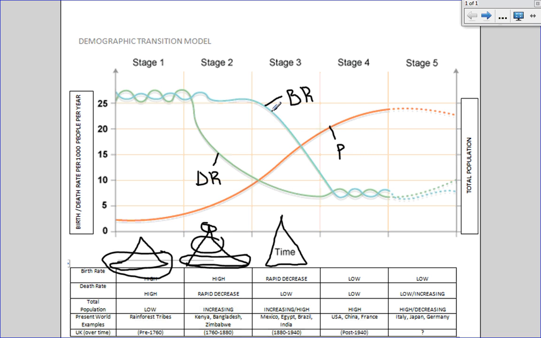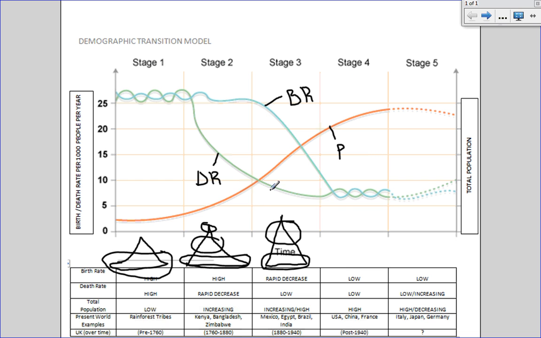We have less people working in agriculture or hunting and gathering, so the families don't need as many children to work on the farm to help out. So the birth rate drops precipitously here. So we see this on the pyramid, it narrows, and all the while the death rate continues to drop. So there's more and more people living well into middle age and beyond.